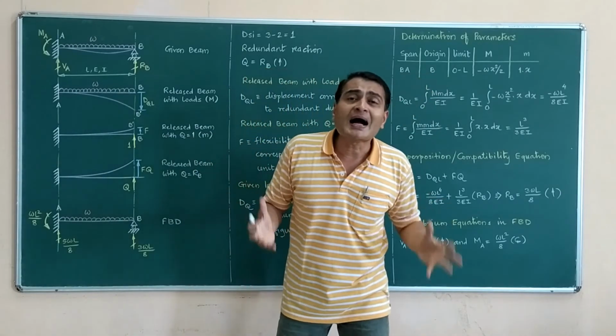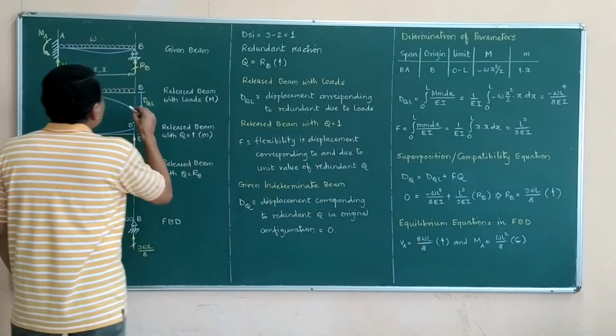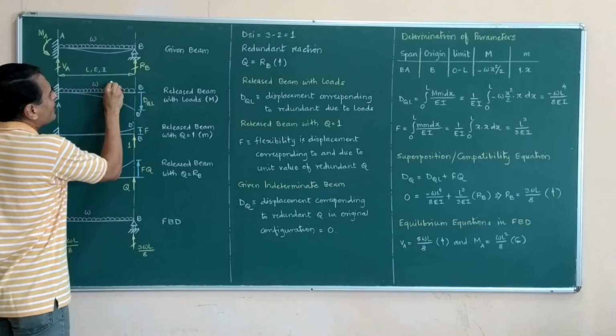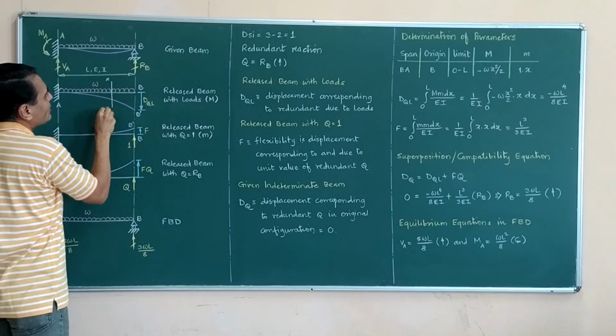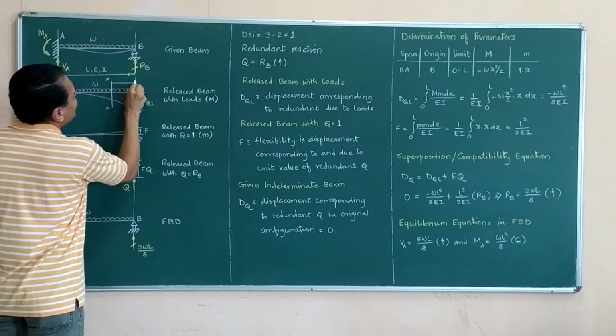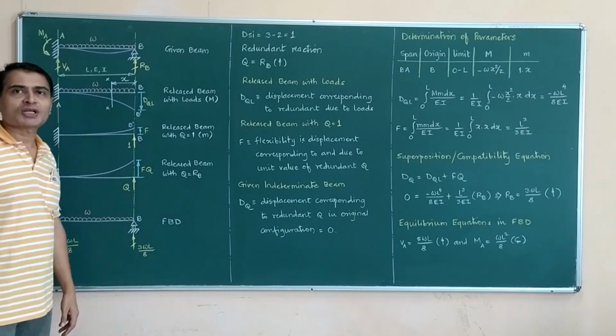What I mean by assuming B to be the origin is like this. In the span BA, I am assuming this section XX at a distance of x from the origin. Check this please.